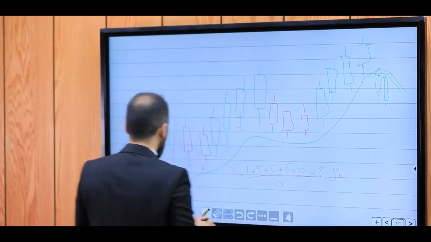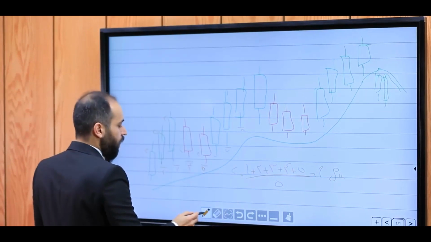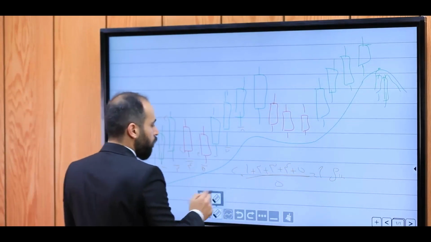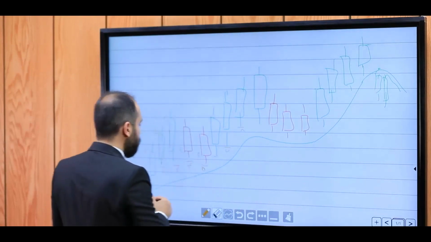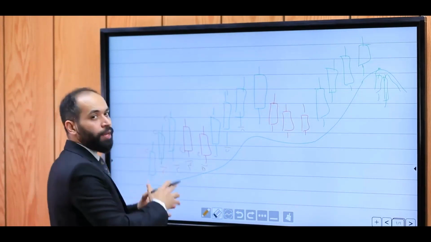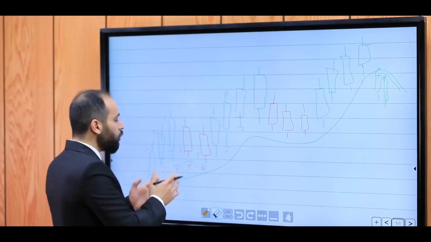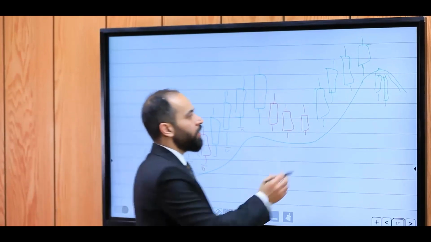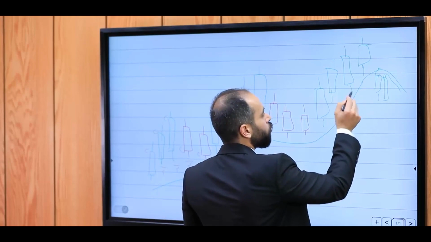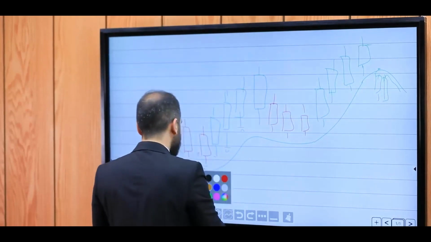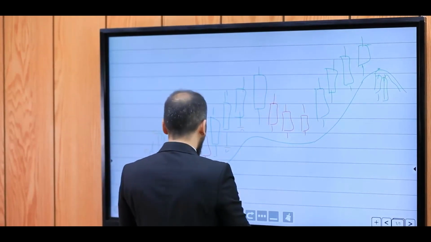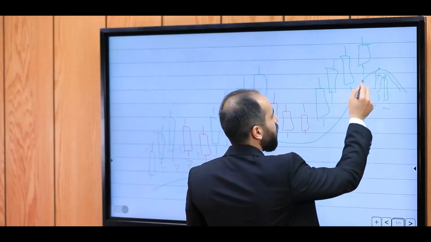So what's the difference with the exponential one? How does the exponential moving average work? In the exponential type, we say that more weight should be given to the most recent candles in the calculation. This means that as you get closer to the end, you put more weight on the most recent candles. What does that mean?